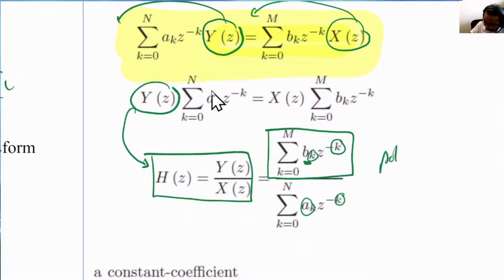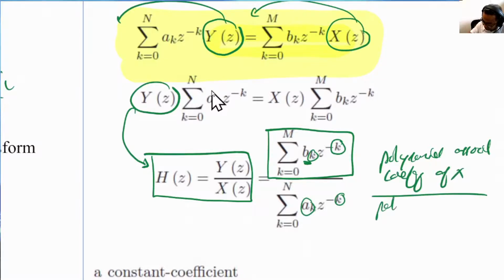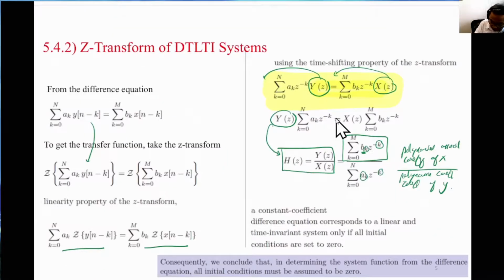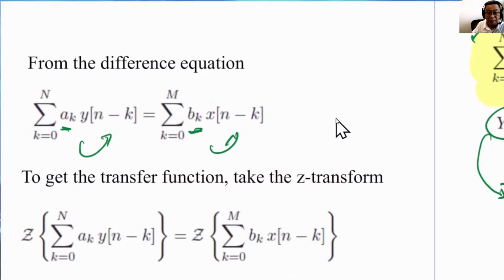So this is the polynomial associated with the coefficients of the x divided by the polynomial of the coefficients associated with the y. Remember that the b's are associated with the x and the a's are associated with the y's.